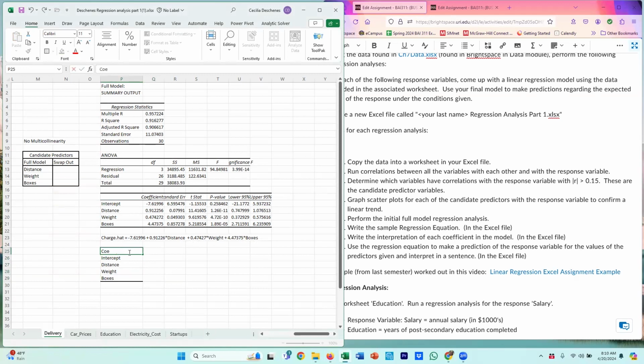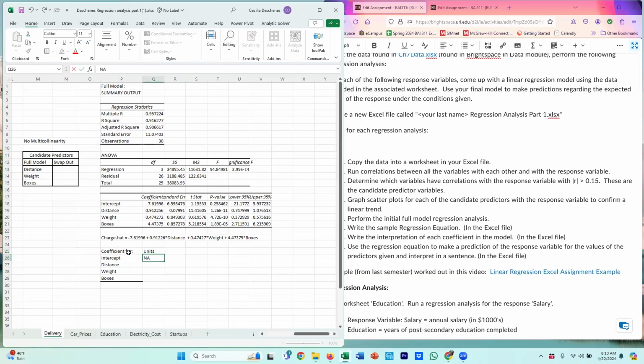So coefficient. Yeah, we're talking about the coefficient for the predictor, and so here's the predictor below. Units. Right, so the units are always slope units, or rise over run.